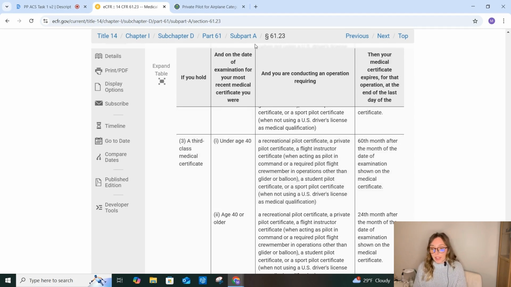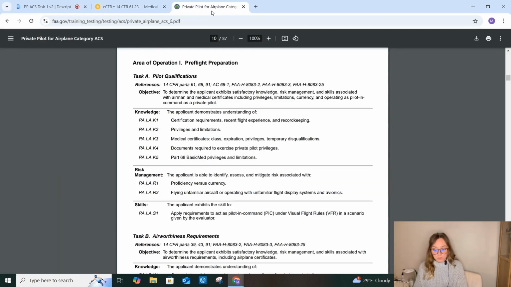So in whatever way that helps you understand that, it's just one of those things you need to understand. The most important thing that I think the DPE will really ask you on, if you don't remember something, it's fine, but just know what your privileges are with the medical certificate that you have.